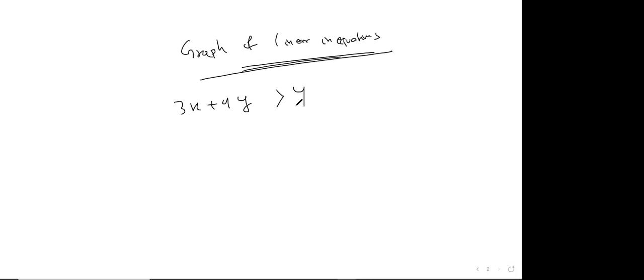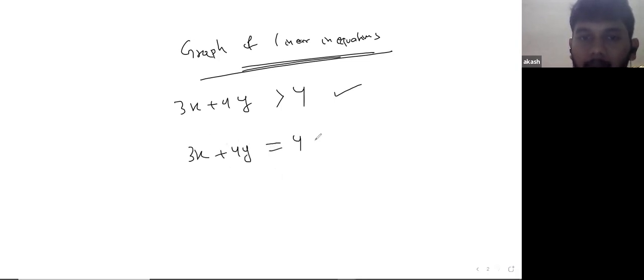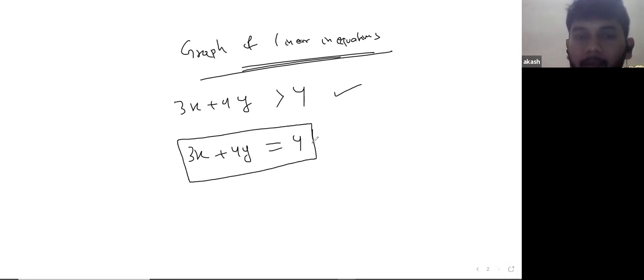Write it down. If they ask you to draw a graph of this linear inequation, then the first step would be to write this equation as this. All right. This is the first step.